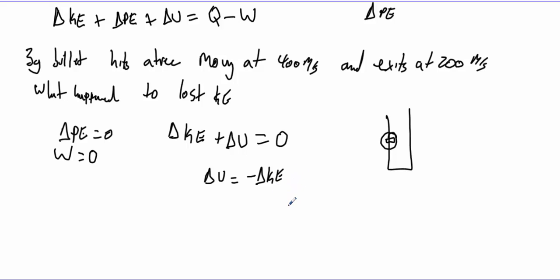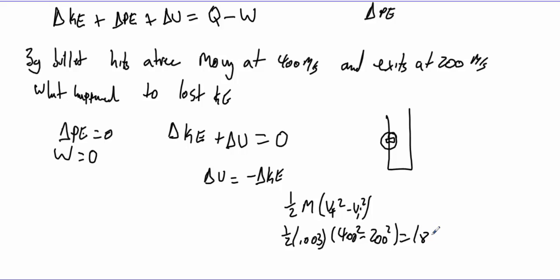Final minus initial, so we have 1/2 the mass of the bullet times the final velocity squared minus the initial velocity squared, or 1/2 times 0.003, because that's got to be in kilograms, times 200 squared minus 400 squared, and this works out to be about negative 180 joules. So we get the negative of the change. The change in internal energy of the system is equal to 180 joules.